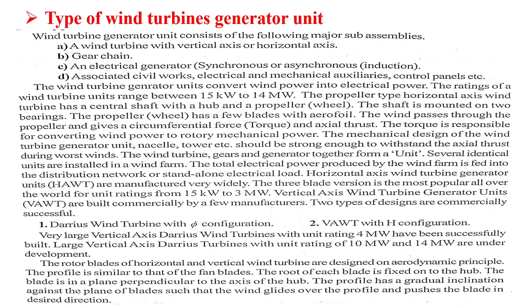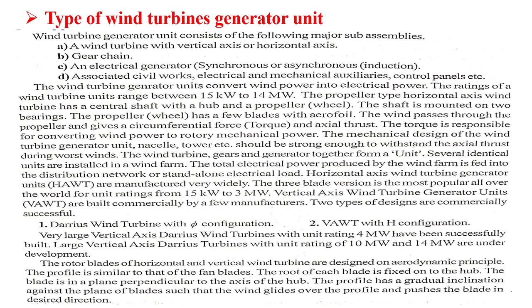The rating of wind turbine units ranges between 15 kilowatt to 14 megawatt. The propeller type horizontal axis wind turbine has a central shaft with a hub and a propeller, that is, wheel.